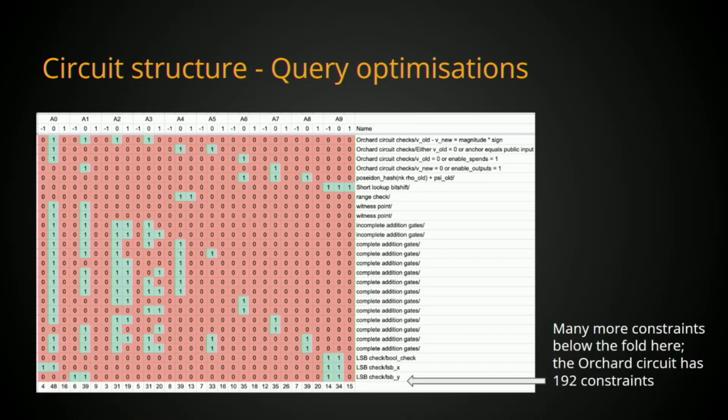In the case of the Orchard circuit, we had 192 constraints, and the table that I'm showing now is horizontally we have all of the 10 advice columns that we had in Orchard, and for each one, which relative offsets we used. And in this case, at this particular point, we were using previous, current, and next in every single column.